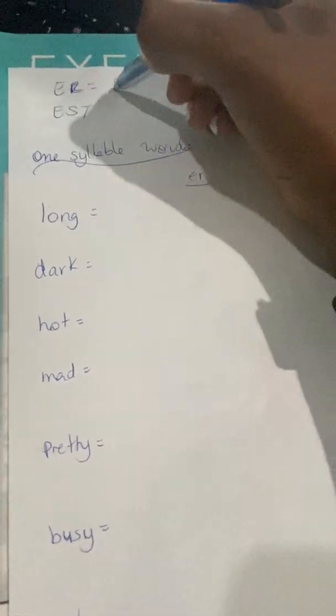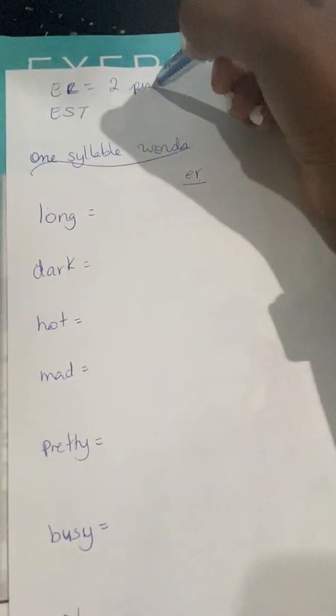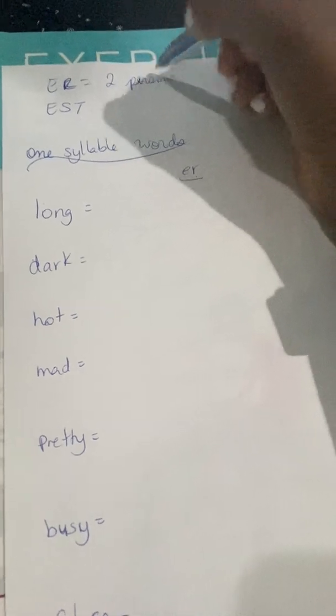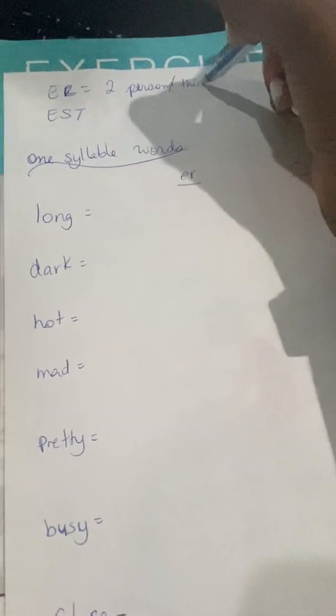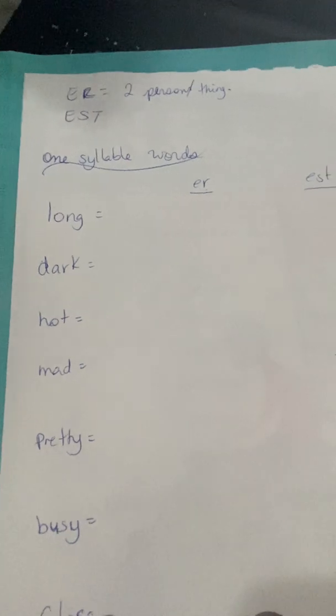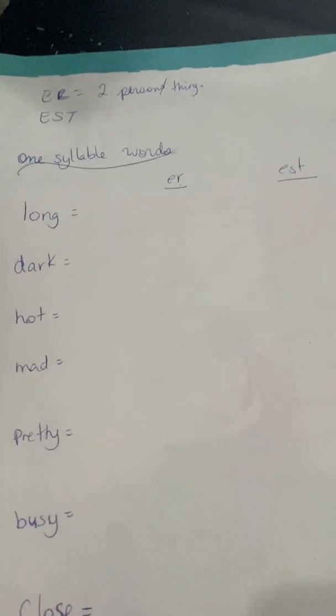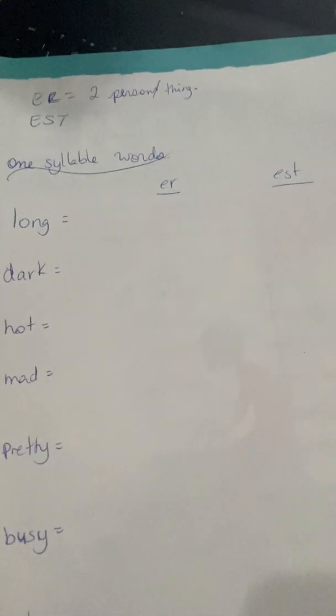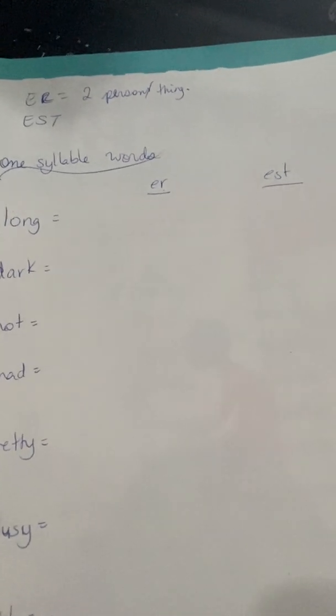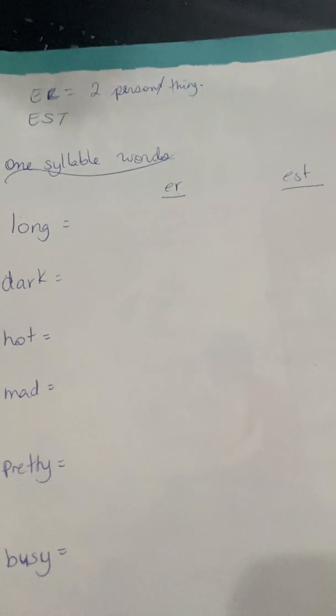We use ER when we're comparing between two persons or things. So if I want to compare Tim and Brady, Lene and Miley, two persons or two things, a book and a pen, a book and a pencil, we use ER.